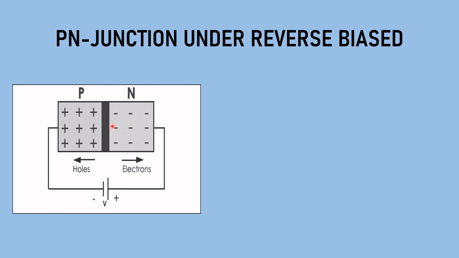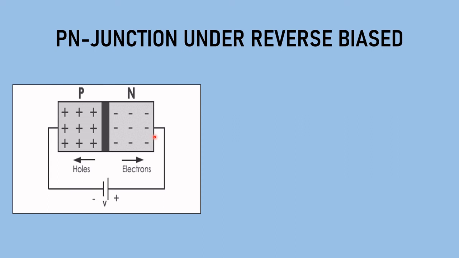The term saturation comes from the fact that it reaches its maximum level quickly and does not change significantly with the increase in the reverse bias potential. This is the basic concept of the reverse bias condition of the PN junction.